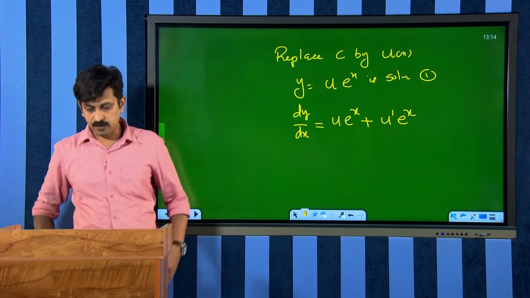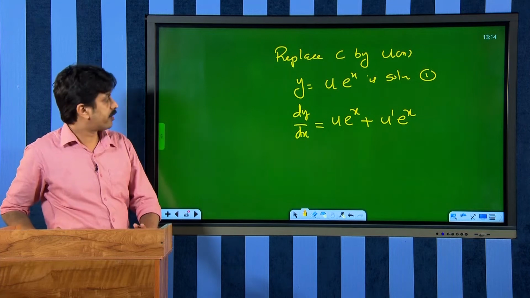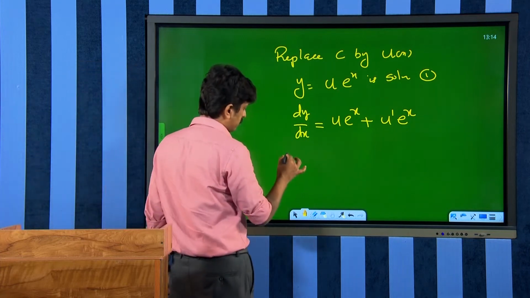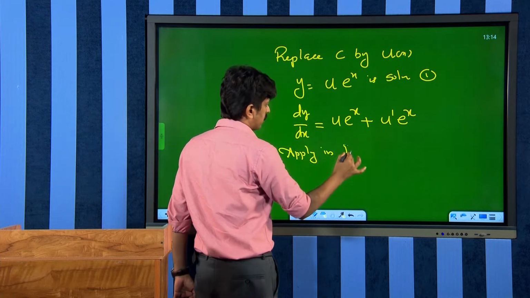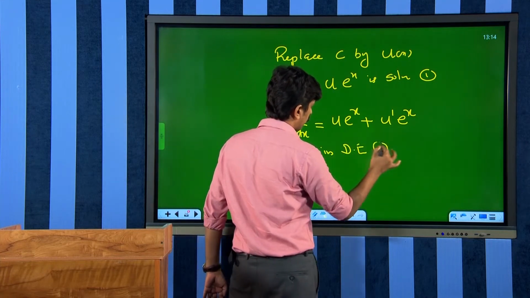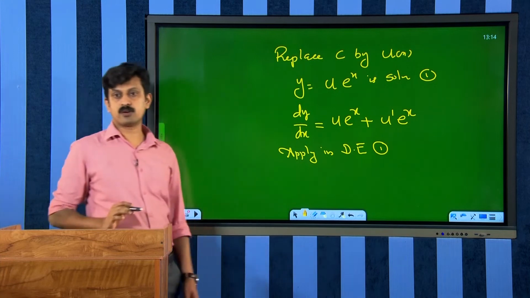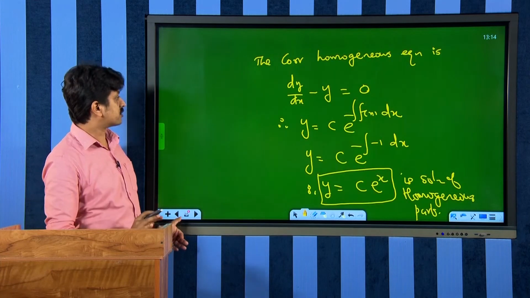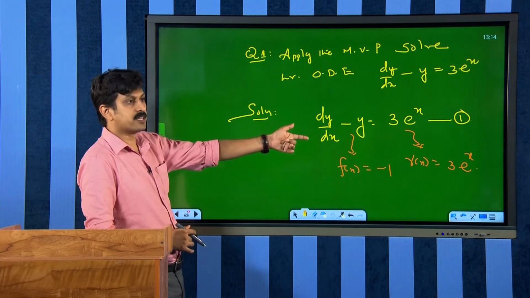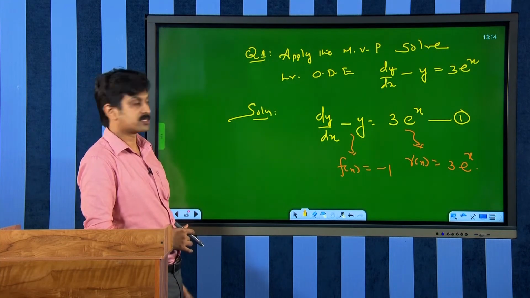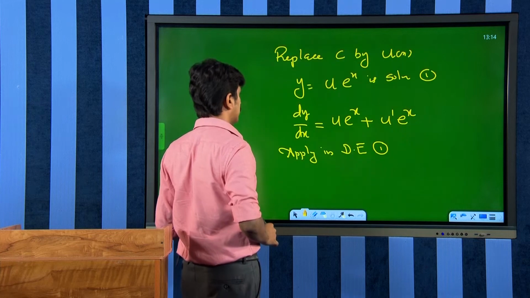Now we apply this in differential equation 1. The differential equation 1 is dy/dx minus y is equal to 3 e raised to x.